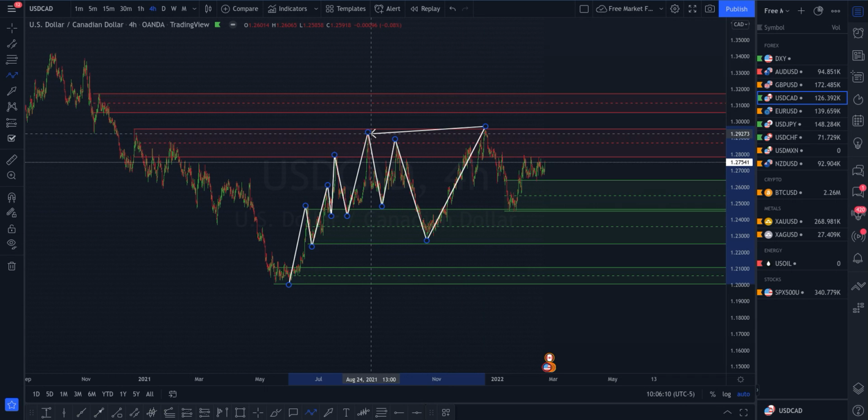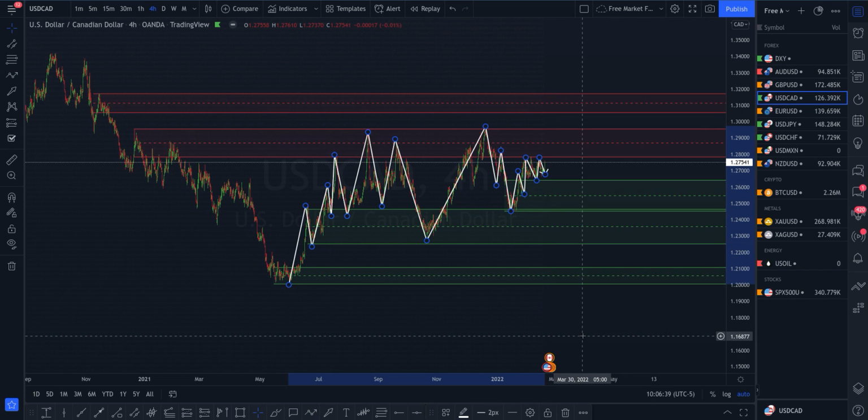Taking out these highs. Now we need a higher low, and then we have a lower high, lower low, high, higher low, consolidation right here.